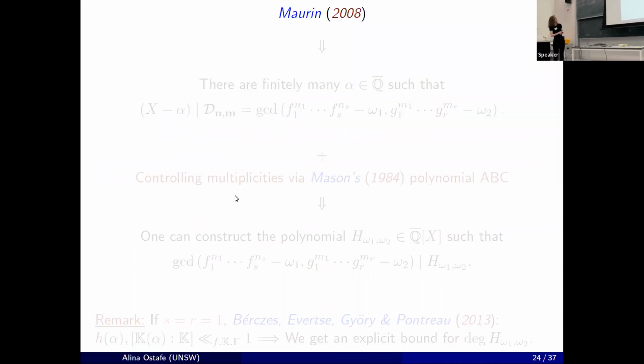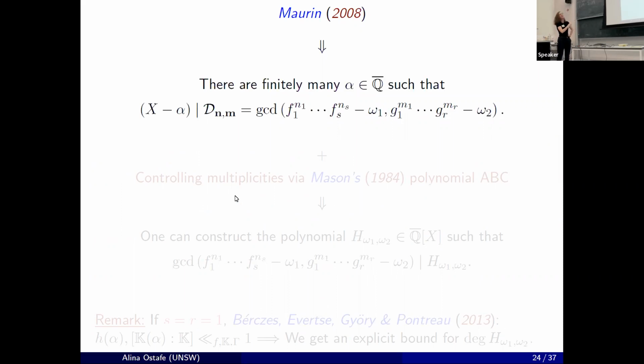So the proof follows. Oh, sorry, you don't see it because of this. I'm sorry. So here it's written Maurin, yes, the result of Maurin on finiteness of such points on curves implies that there are finitely many alpha such that x minus alpha divides this GCD.